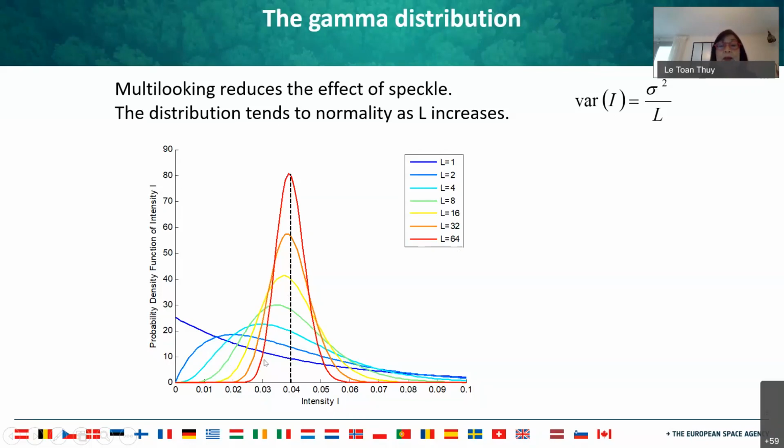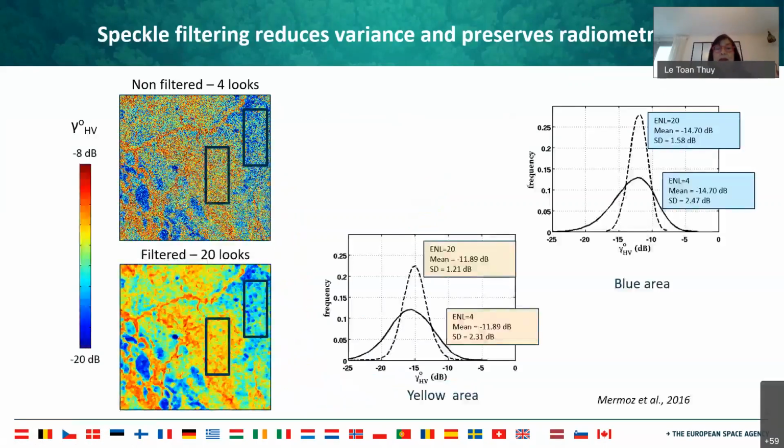So the variance of the intensity is the variance divided by the number of looks, L. And so it reduces the distribution, so that you can discriminate them easily. Then this is an example, an image of SAR.